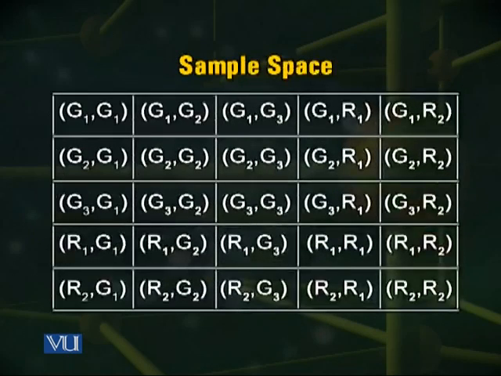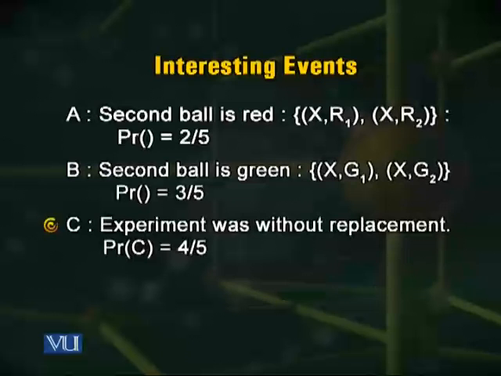Now, the only possible outcomes are the top diagonal and bottom diagonal entries. The main diagonal, where the entries like G1, G1, G2, G2, G3, G3, R1, R1, and R2, R2 are, has been eliminated. They are not part of this set C. Set C tells us that the upper triangular and the lower triangular events are the only possible events, and there are 20 of them.